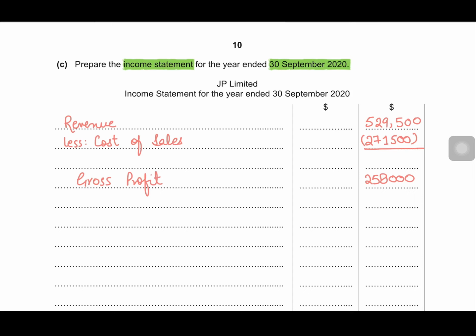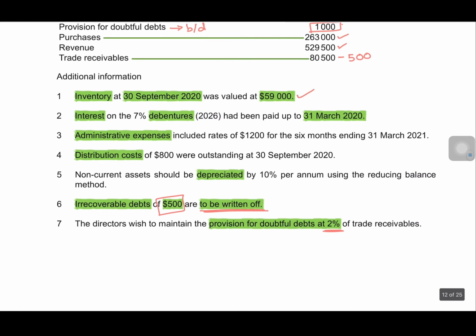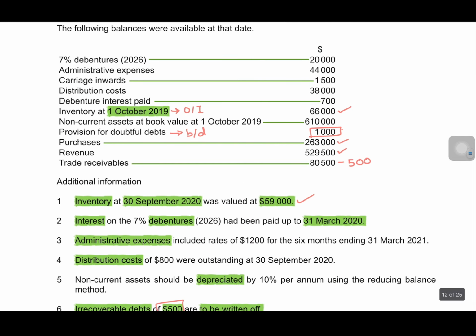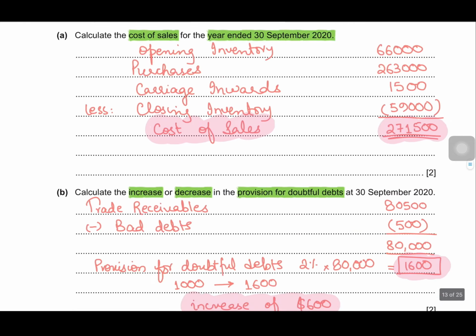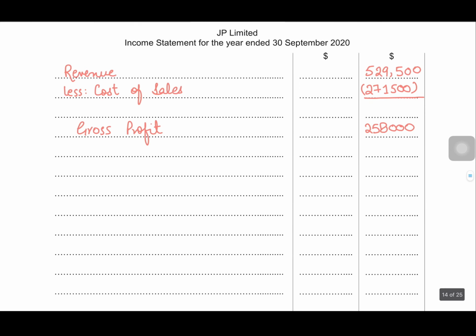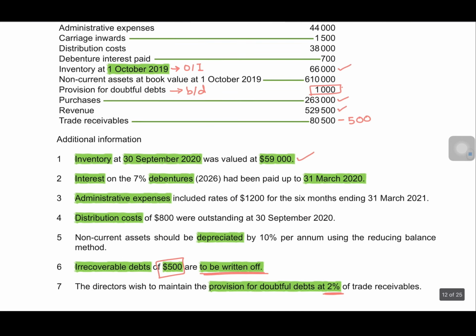Then after gross profit, if there are any additional incomes, we first add that to the gross profit. But in this question, there are no additional incomes, right? So for instance, there is no rent received, interest received, or decrease in provision for doubtful debts. They are only expenses. So then after gross profit, we will write less other expenses, right? Now in this question, we have a very long list of expenses.